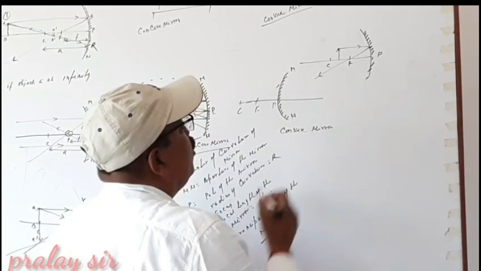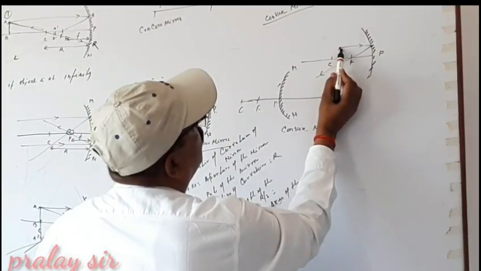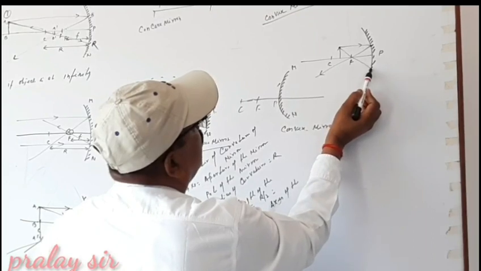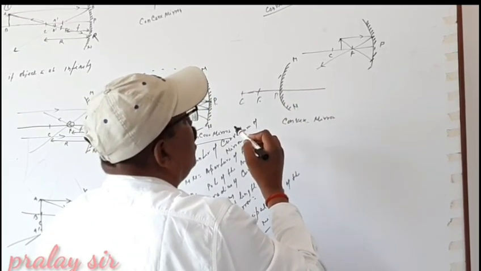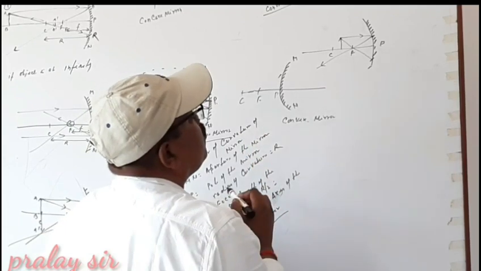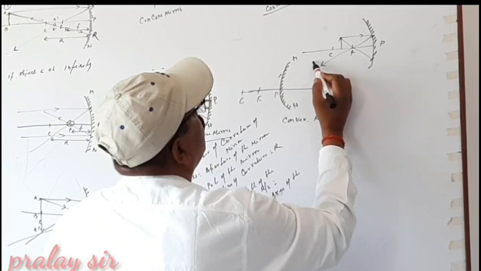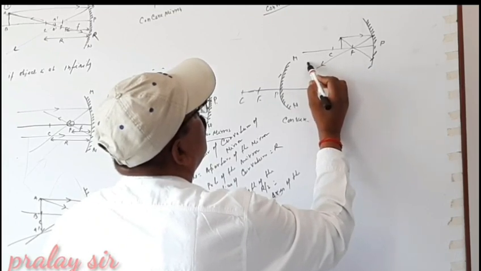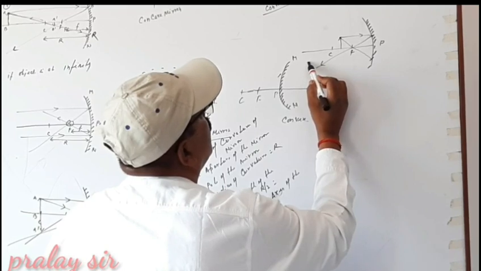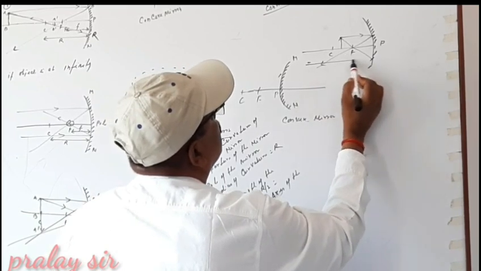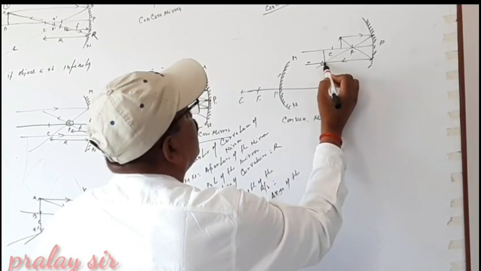Now we know that if a ray passes through the focus, after reflection it should be parallel to the principal axis. The image is formed here.